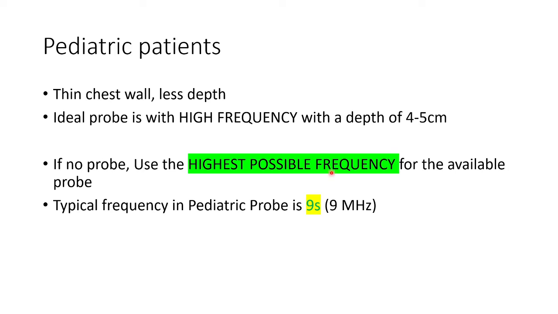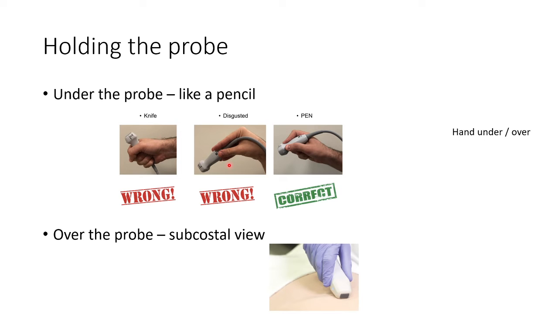You can change the frequency to higher on the adult probe you have with you, and then you can do the scan on pediatric patients. The typical frequency required is 9 megahertz, while adult is up to 5 megahertz. In this situation we can try, but the image may still not be that good.